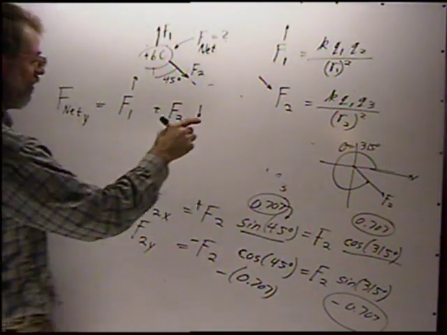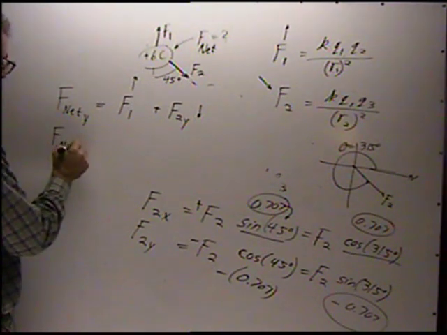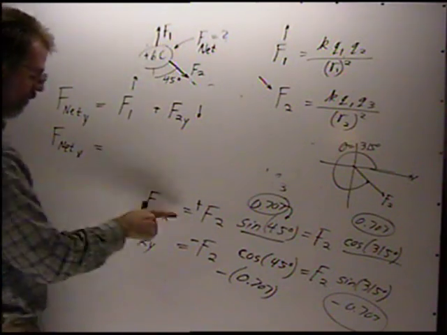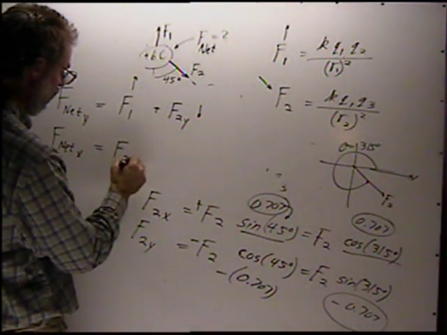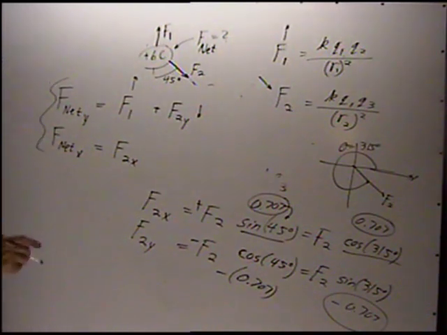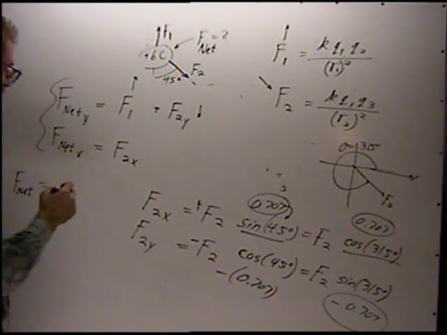Then the net in the x dimension, there is no F1, so it's purely equal to F2x. And once we find those, the net force is simply found using the Pythagorean theorem.